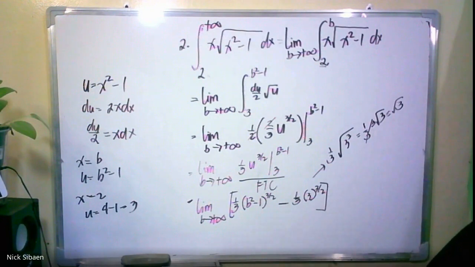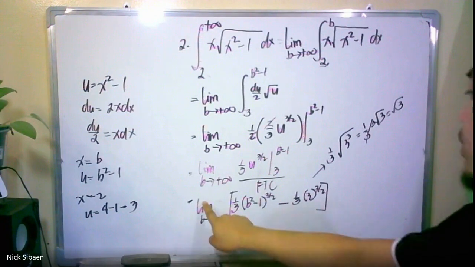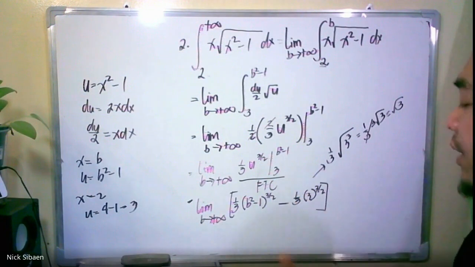Tama ba? I-verify natin. 1/3, 3 raised to 3/2. Yeah, it's square root of 3. Yan. So kung limit siya ng square root of 3, ang sagot natin dyan later ay square root of 3.